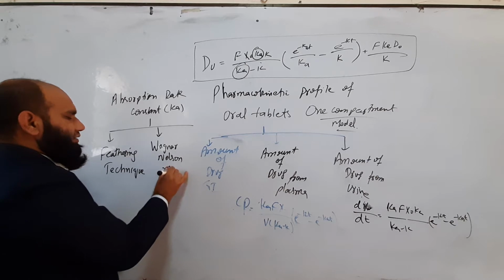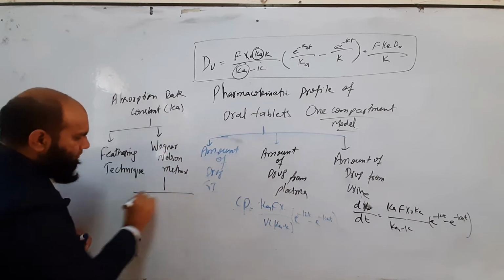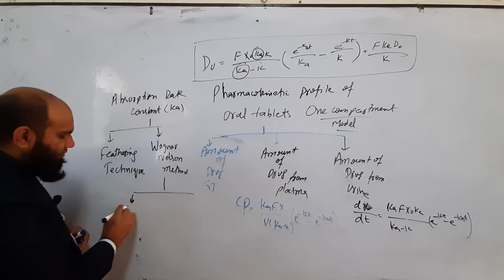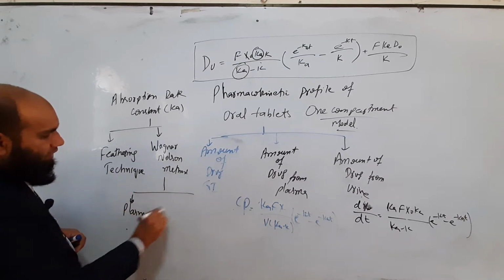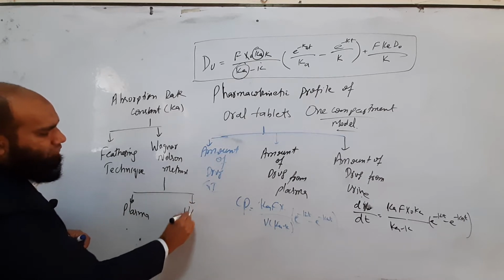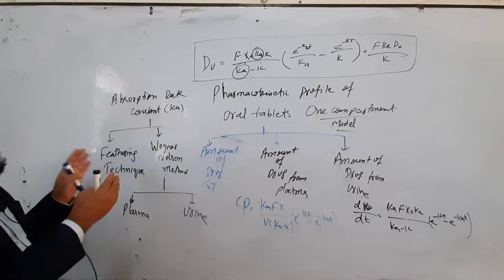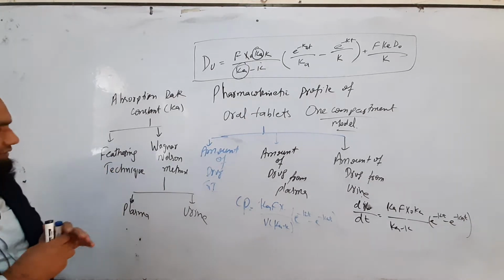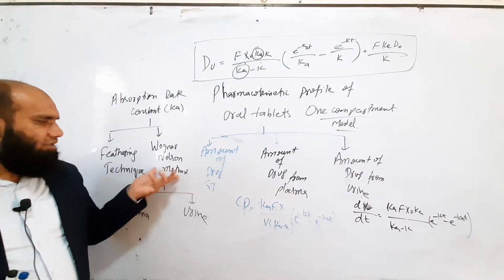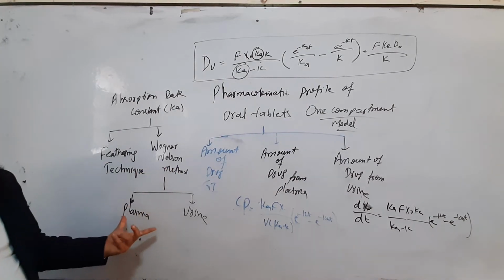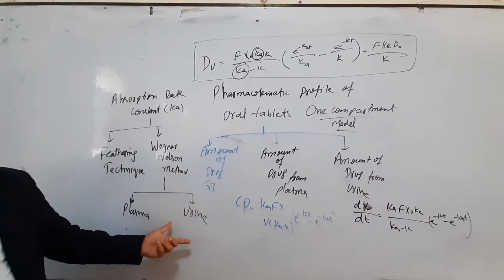Nelson method. This Wagner Nelson method can be divided into two: one is the Wagner Nelson method for plasma and the other is the Wagner Nelson method for urine. So in total there are three methods. Basically there are two methods: one is the feathering technique, the other is the Wagner Nelson method, and the Wagner Nelson method can be divided into two for plasma and also urine.